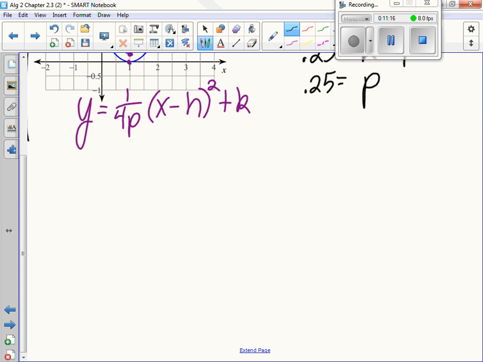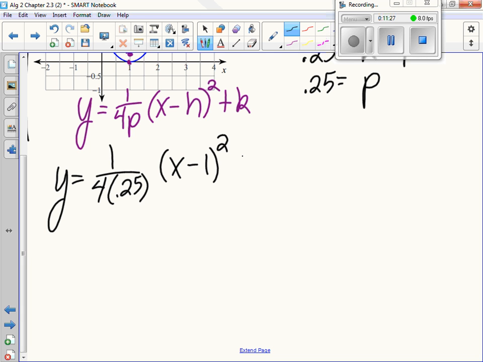So now we can plug our values in. Value of p was 0.25, times x minus 1 squared plus 0. What is 4 times 0.25?